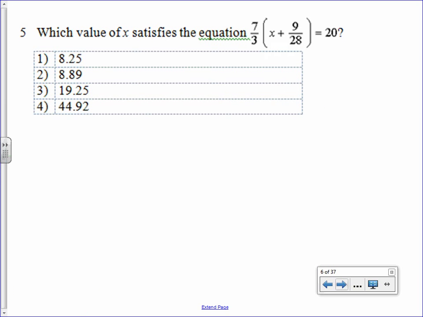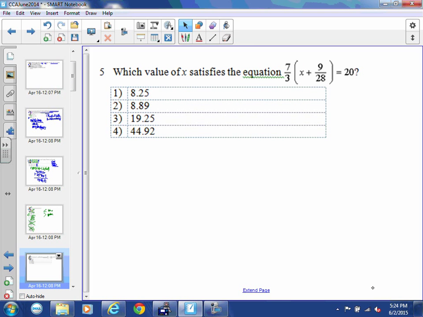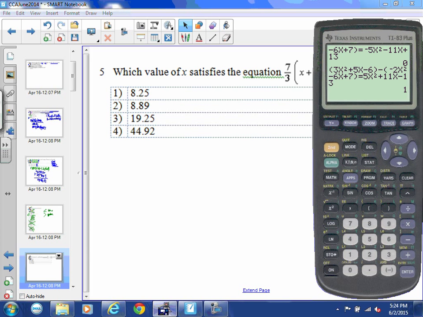Variables in the problem, numbers in the answers, I can use my multiple choice strategies. Now, it's going to be a little bit easier for you to do it because my calculator doesn't have alpha y equals enter. But I can still do it for you.